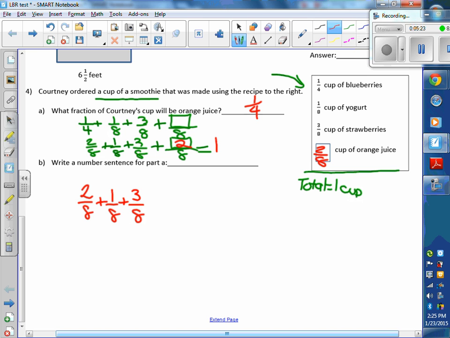If you missed the number sentence, a lot of people did this, equals 6/8, which is true, but then they wrote plus 2/8, which is not true. If you keep putting equals like this, you're saying that this is 6/8, and you're saying that it's equal to 1 over here. And so I did something like this.